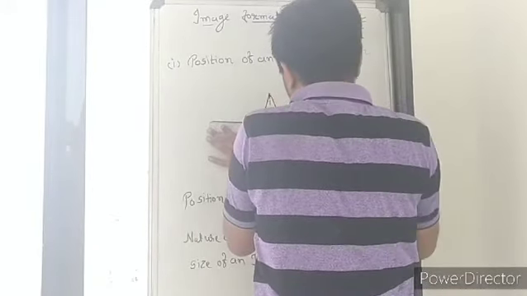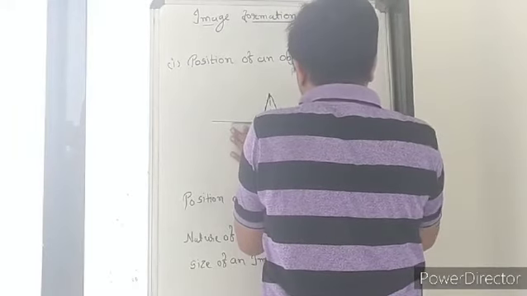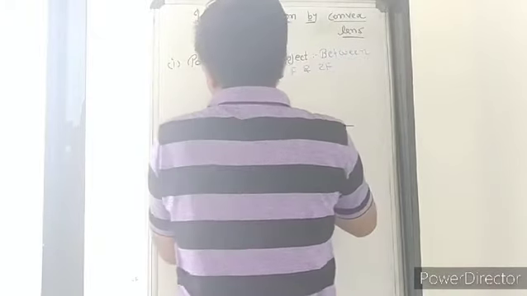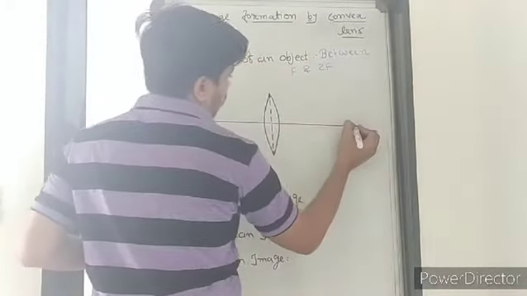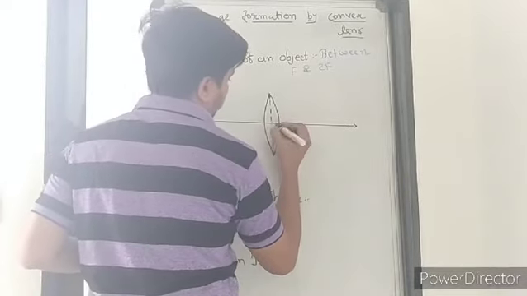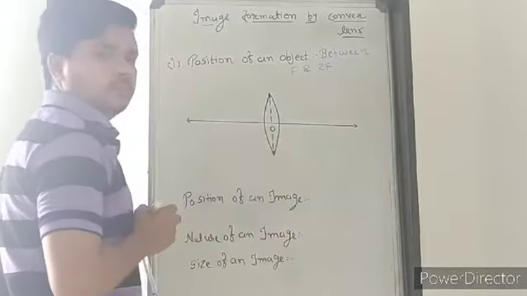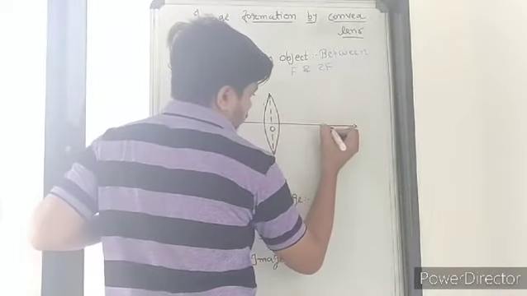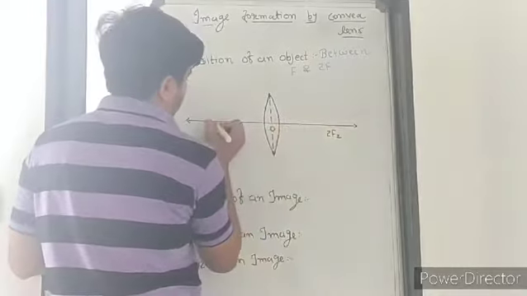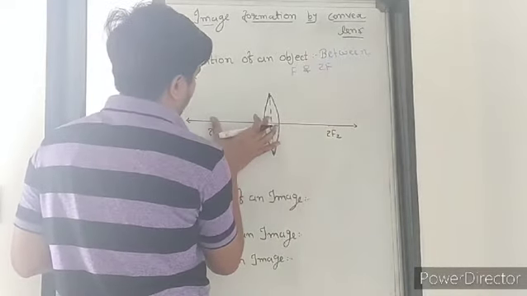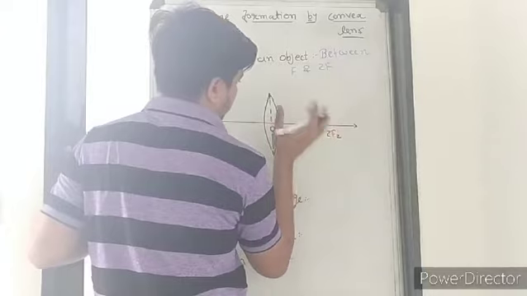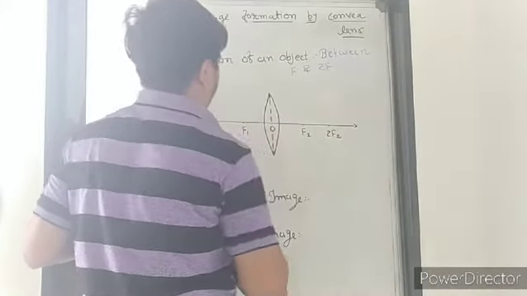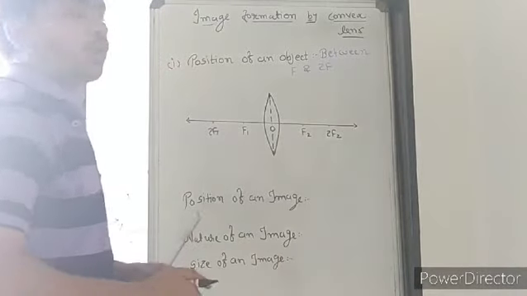Here it is the principal axis, right? O is in between both of them, meaning at the center point of the convex lens. Then on one side the center 2F2, on the other side 2F1. Both should be the same. Then in between both of them, F2 and F1, at the same distance from O.